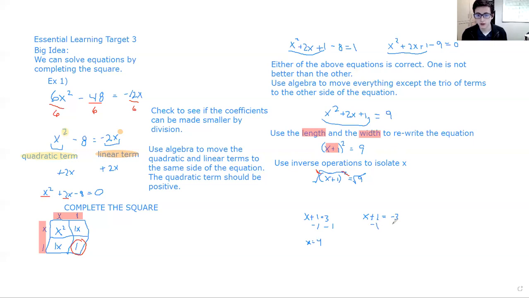We can subtract 1. And that gives us, did I say 4? My mistake, students. 3 minus 1 is not 4, it's 2. And then this equals -4.